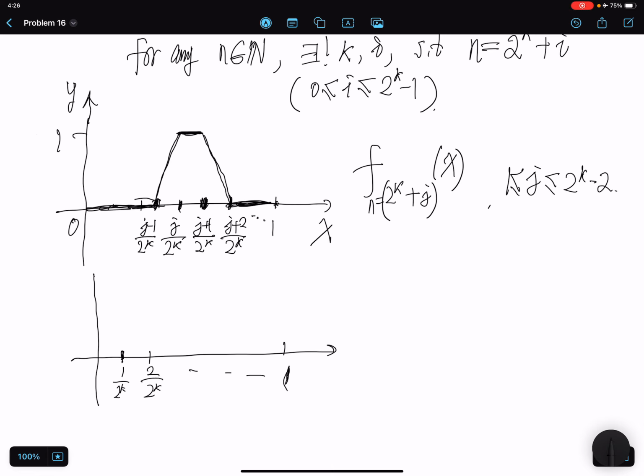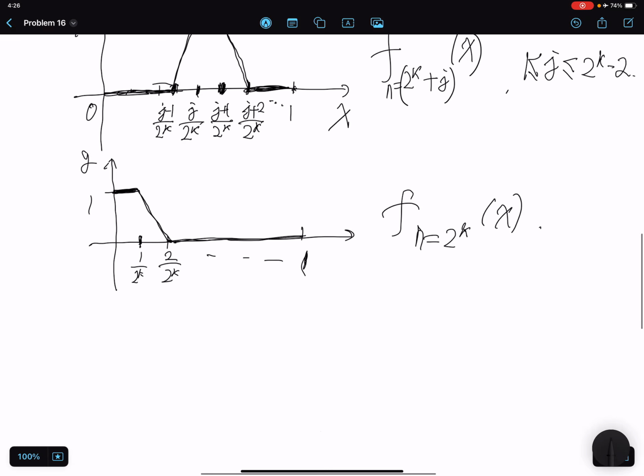We make the part from 0 to 1 over 2 to the k equal to 1, and from 2 over 2 to the k to 1 equal to 0, and this part in between is linear. This is the format when n equals 2 to the k.